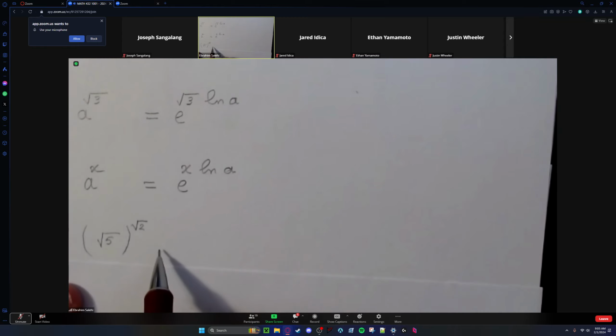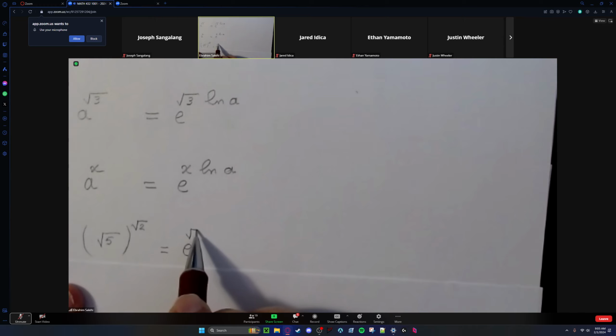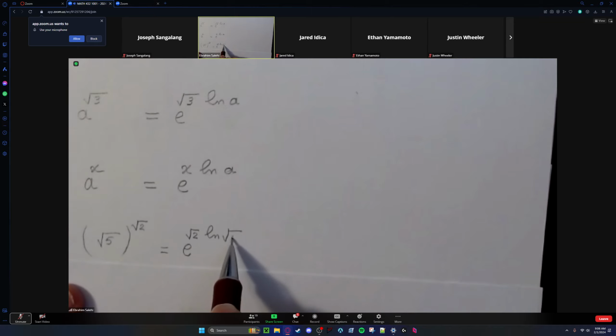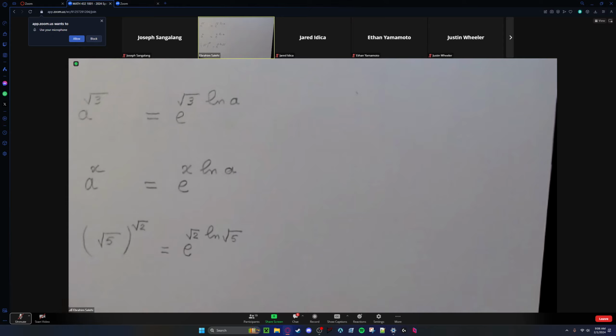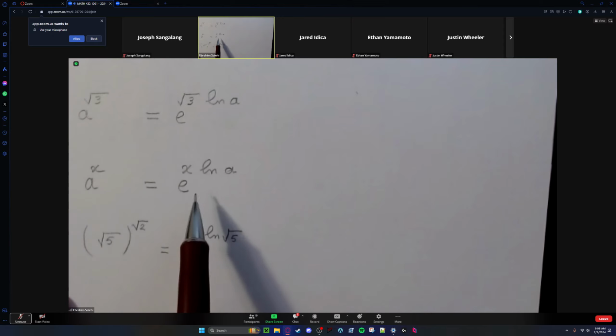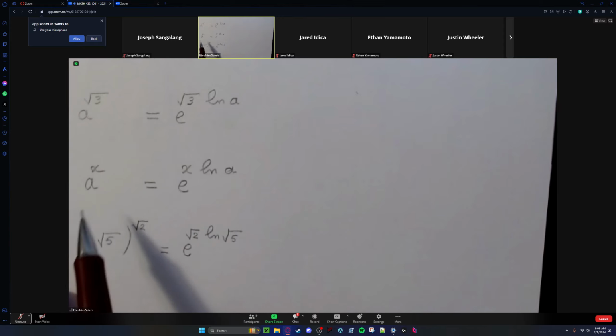Well, we say this is equal to exponential function, the square root of 2 times natural log of the square root of 5. This is called general exponential function, right? X is not restricted.